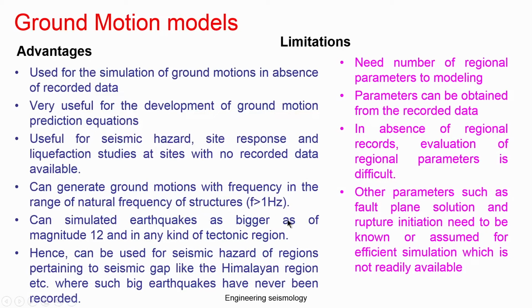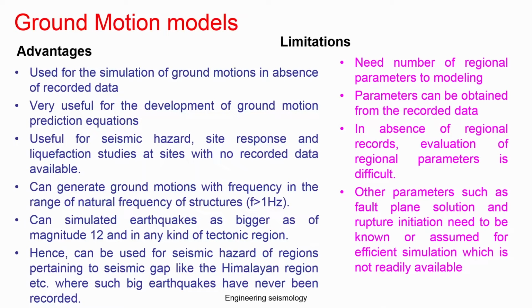Ground motion simulation models have a great advantage, as I told you. They are used for simulation of ground motions in the absence of recorded data in the region, and are very useful for the development of ground motion prediction equations, which we will discuss at a later stage.